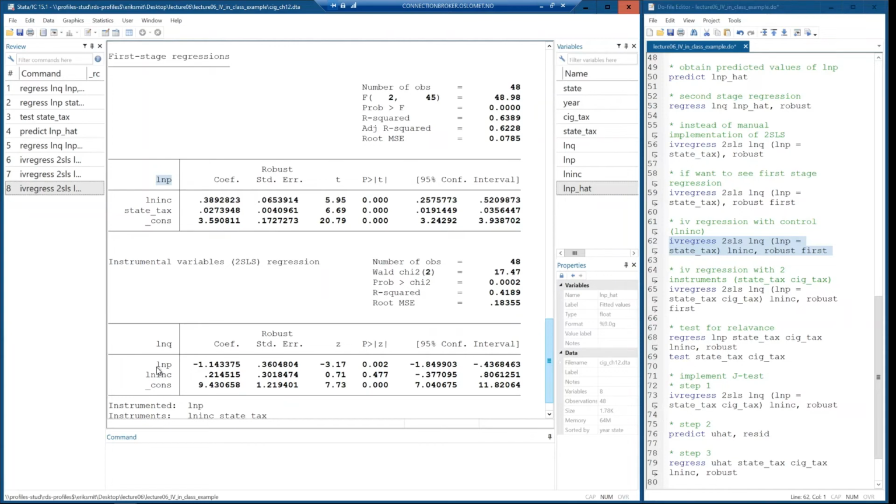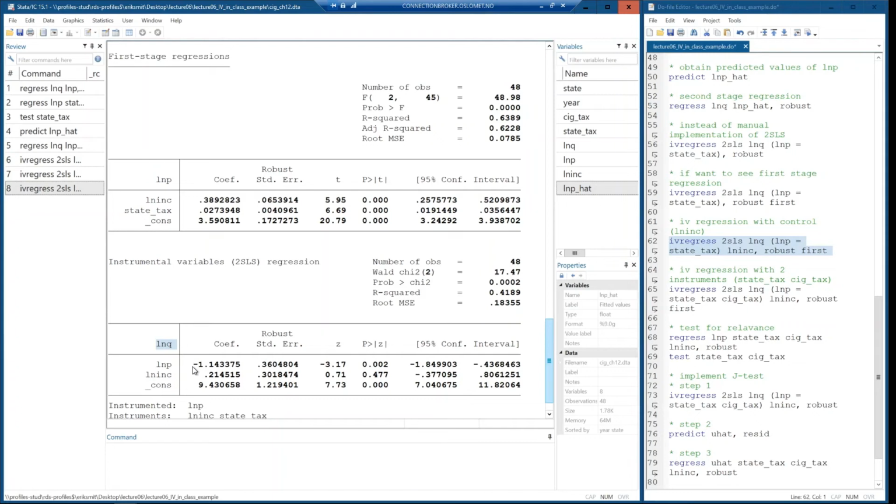And in the second stage regression, we see that the coefficient on the logarithmic change in price is negative 1.14, which means that if we change price by 1%, then we would expect the quantity of cigarettes demanded to change by 1.14% in the opposite direction.